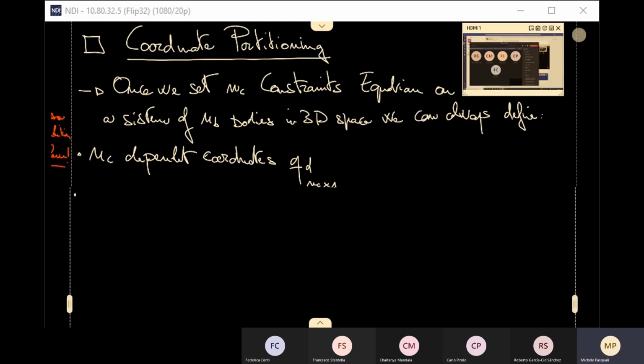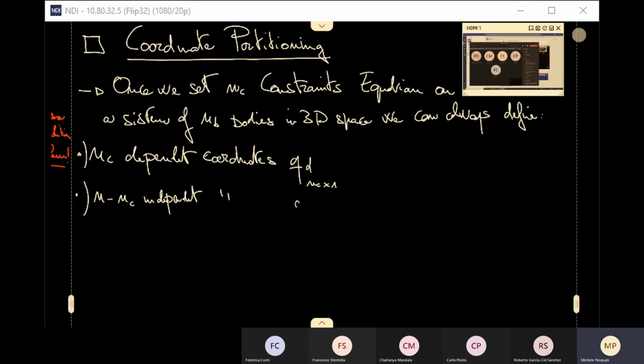So this is the first one, and then something around N minus NC independent ones, which we call QI with a lower subscript.